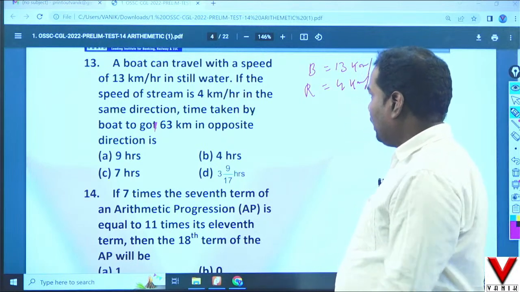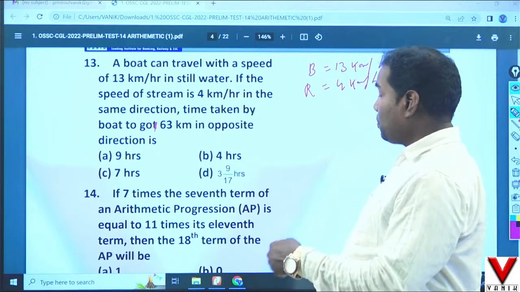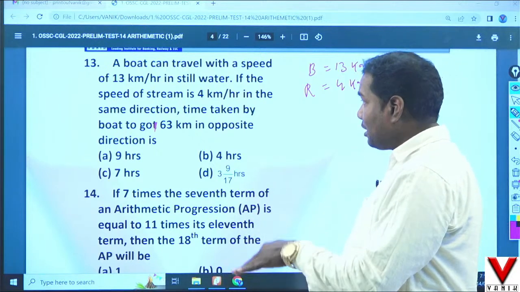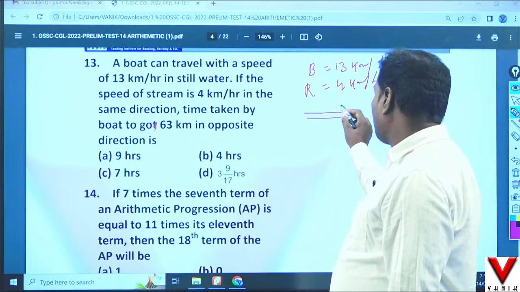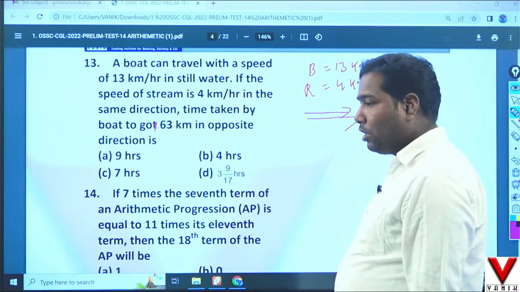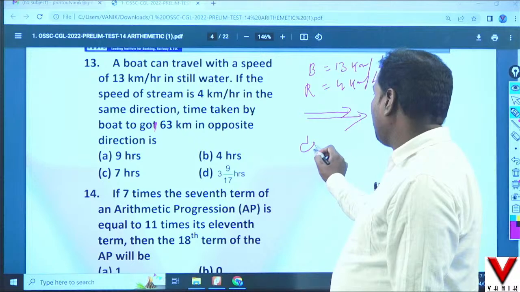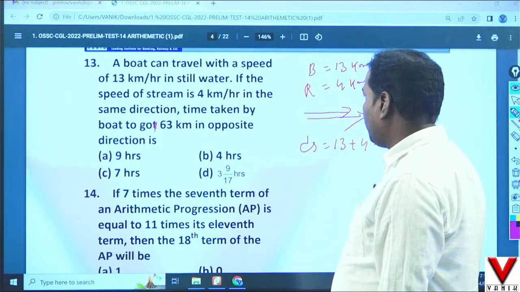Okay, a boat can travel with a speed of 13 km per hour in still water. If the speed of a stream is 4 km per hour in the same direction. Same direction means boat speed and river speed in the same direction, that is called downstream. So downstream here 13 plus 4 is equal to 17 km per hour.